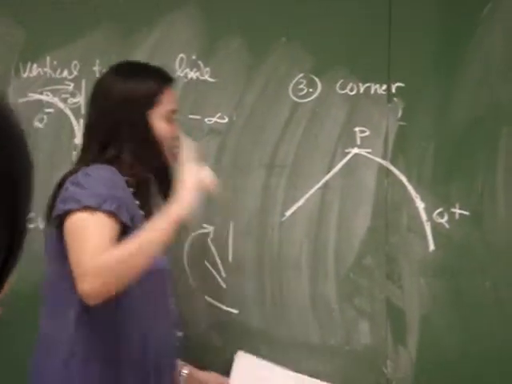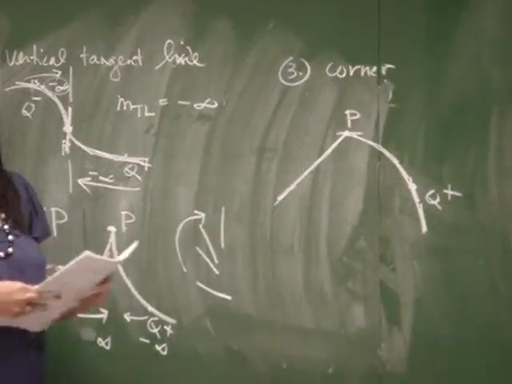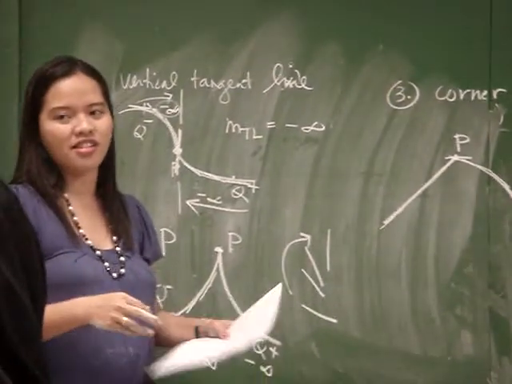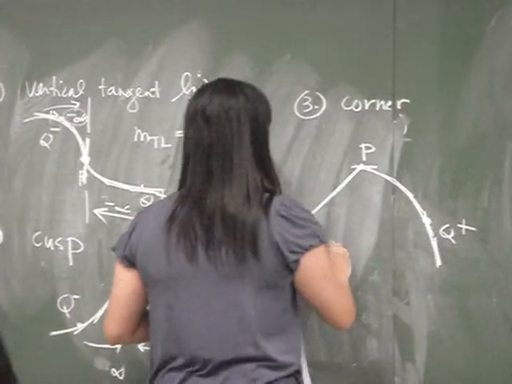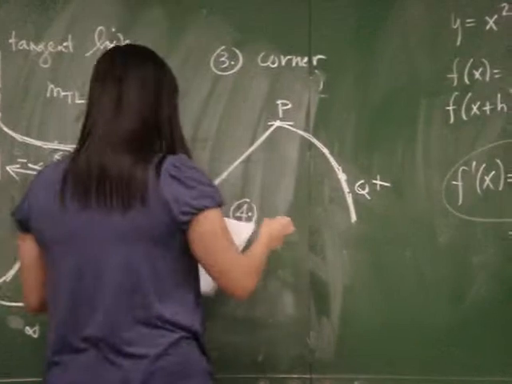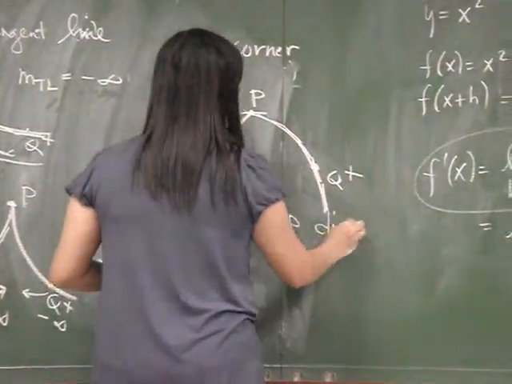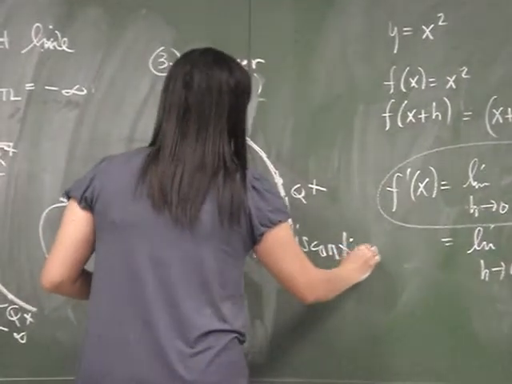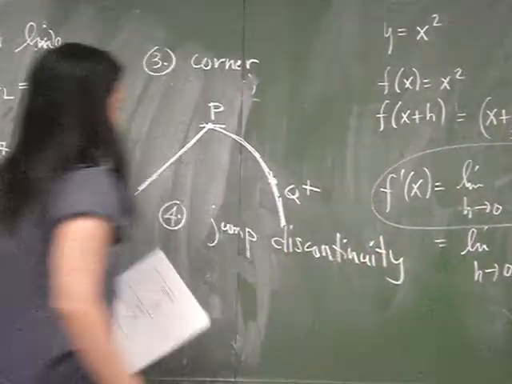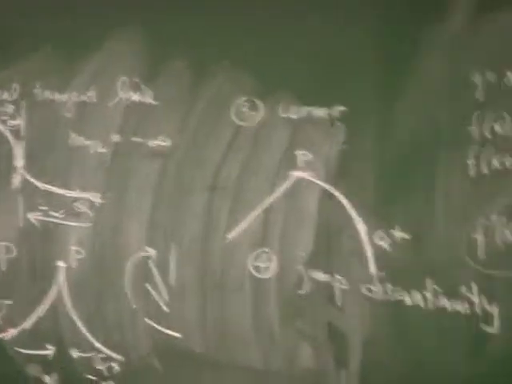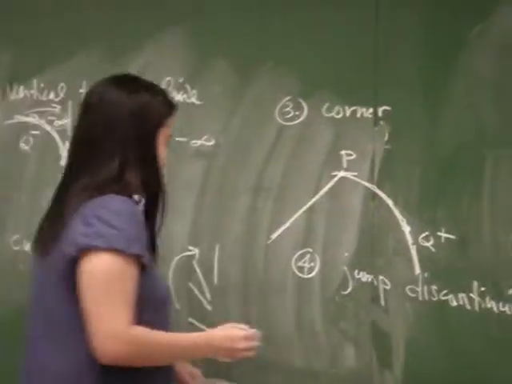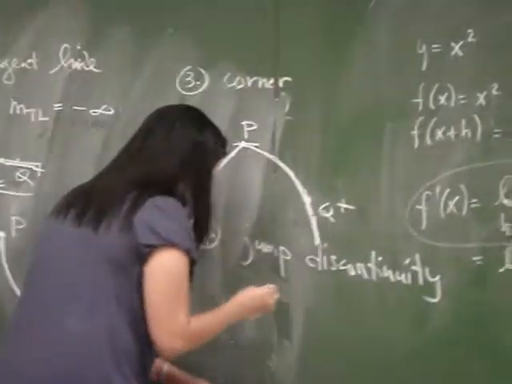Okay. We still have one more wherein the function fails to exist. The derivative fails to exist if there is a jump discontinuity, class. Can you think of a scenario wherein there is a jump discontinuity?